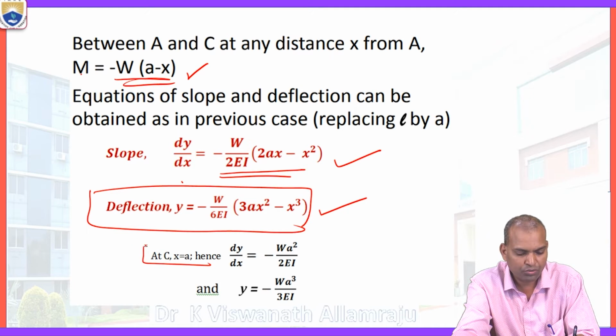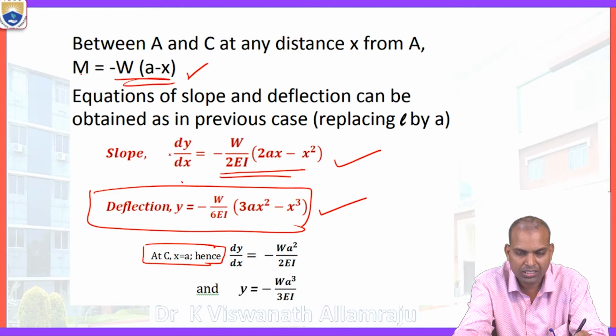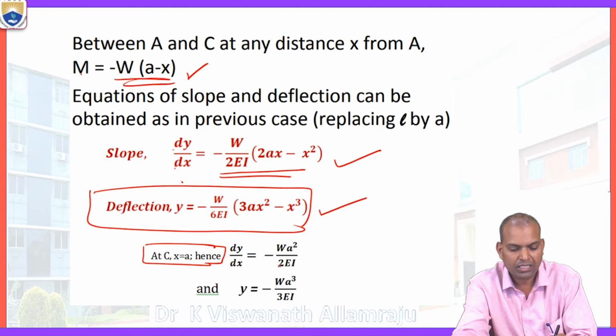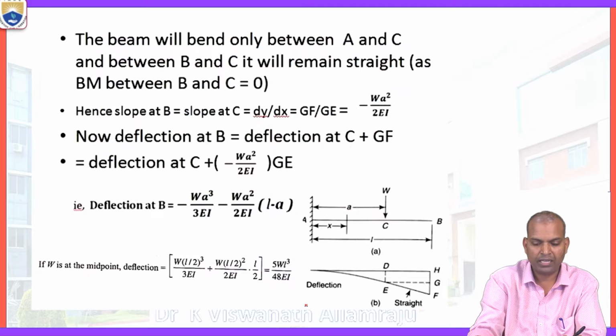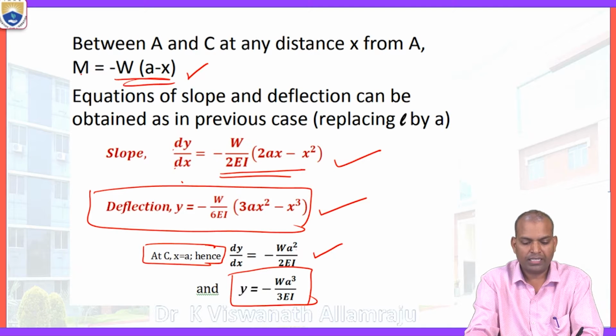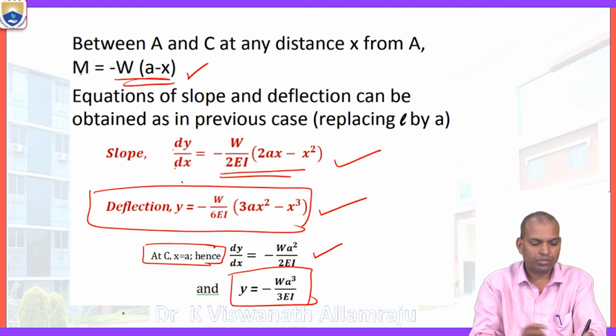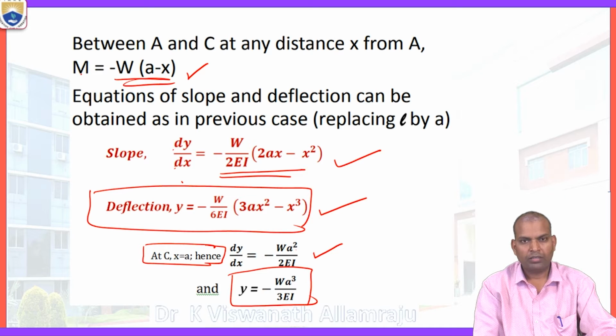Now at C, substitute x equal to A in these equations. The slope at C, dy by dx at C, is minus W A square by 2EI, and the deflection at C is minus W A cube by 3EI. These are the values at a distance of A.